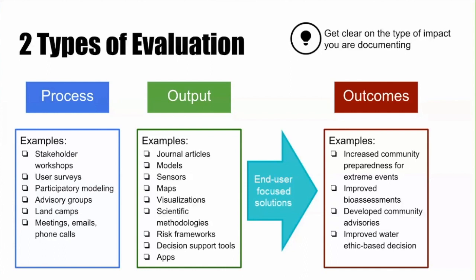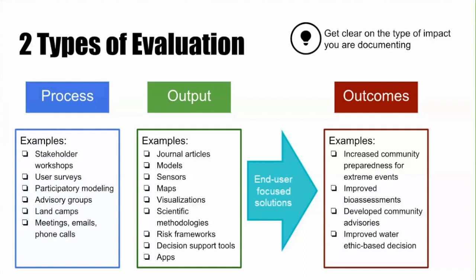But you might also notice that some of the tools that we're going to suggest you can use to evaluate your process or your output could actually be the same. So for instance, maybe you can use surveys to both understand the success of a stakeholder workshop as well as the success of a map.